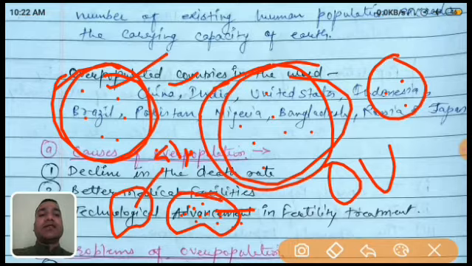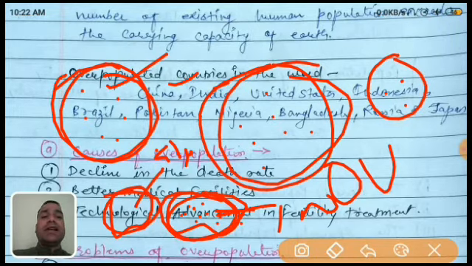Obviously the first, because both have the same area, but here it is 1,000 people and here only 500, so obviously it is the overpopulated country. It means in accordance with the area. If according to the capacity of the earth the population is more, then it is called overpopulation. I hope it is clear.